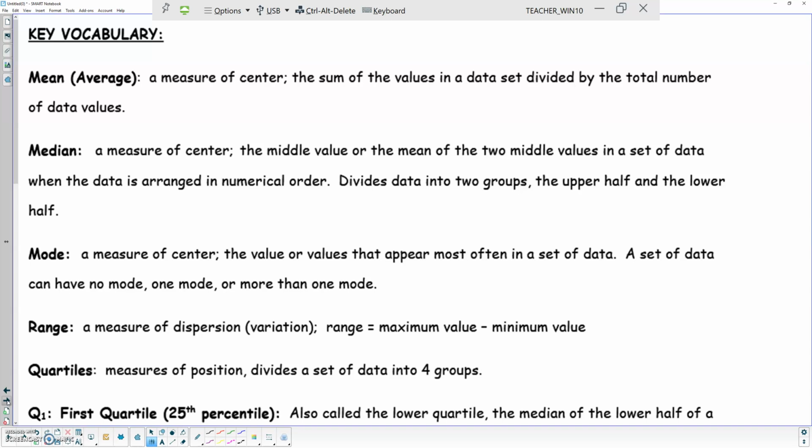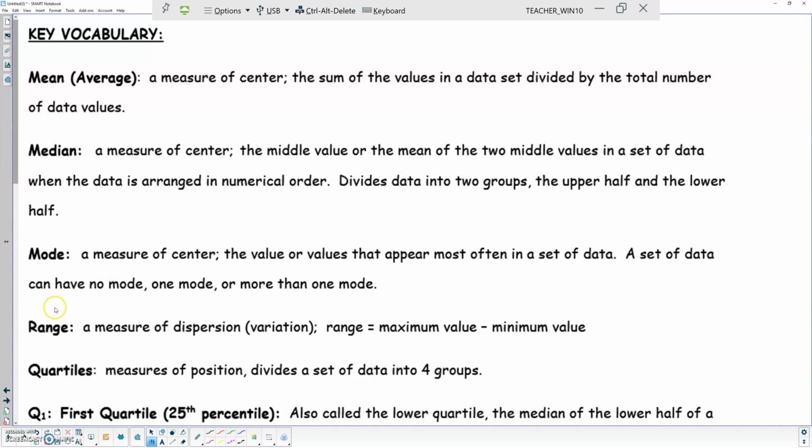All right, and the median divides the data into two groups, the upper half and the lower half. Okay, the mode is the third measure of center, and it's the value or values that appear most often in a set of data. All right, a set of data could have no mode, one mode, or it could have more than one mode.